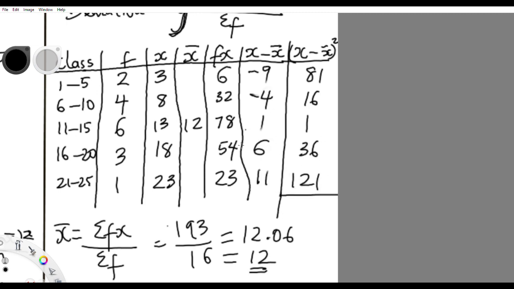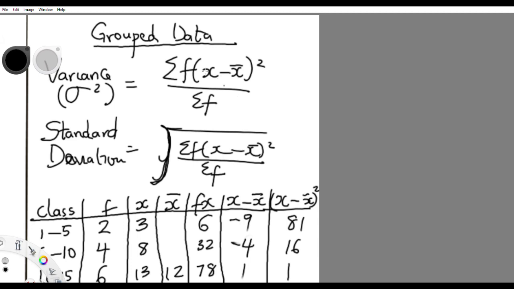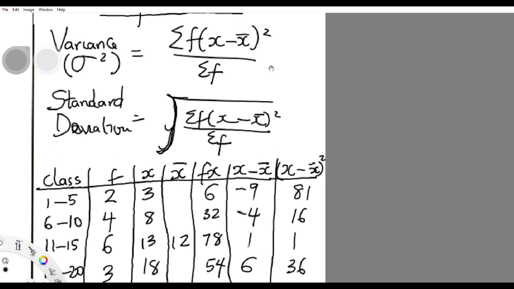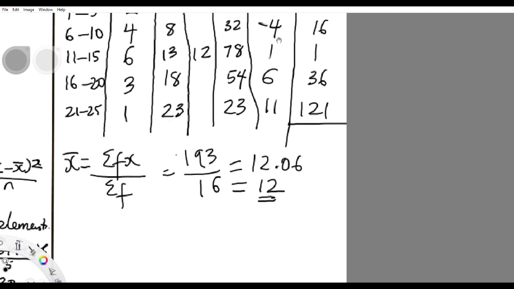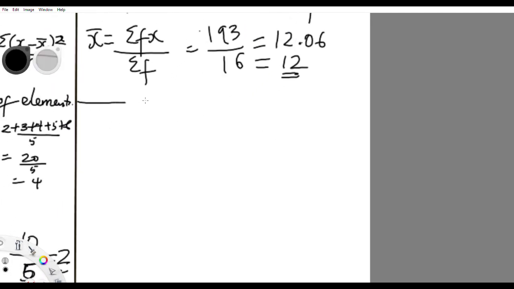So we need to get the sum. There should still be a tab for f times x minus x bar squared. Let's quickly draw it down here.